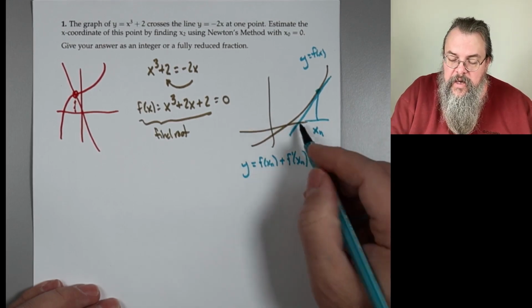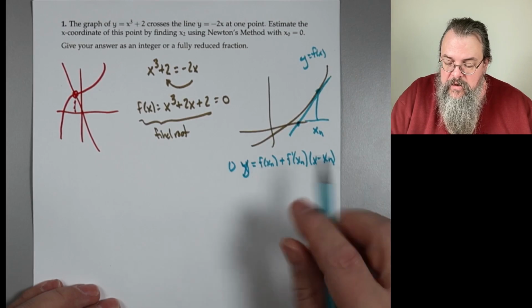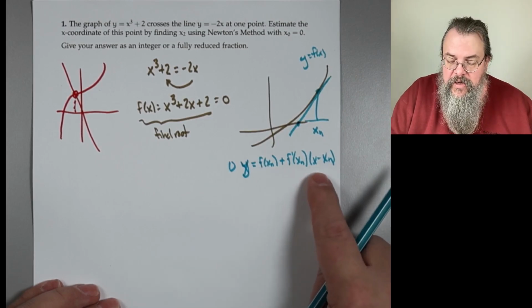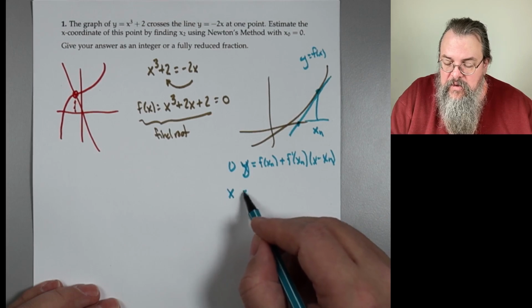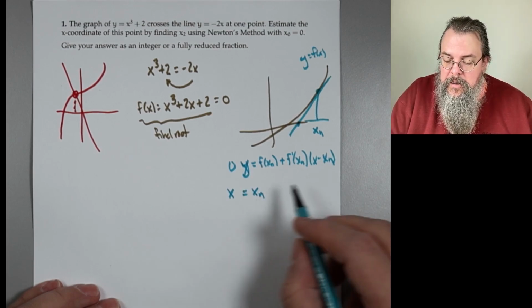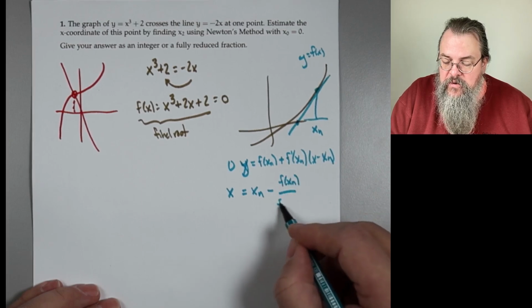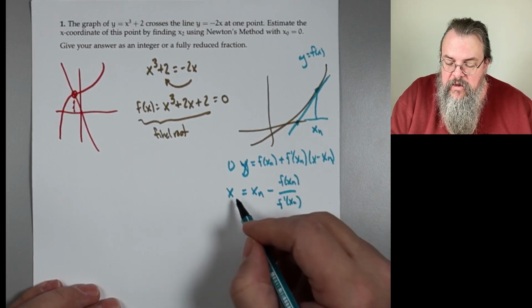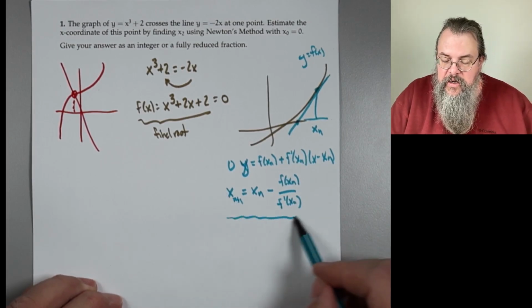Now, your next guess is where y equals 0, and solve for x. That's your next guess. And so, in particular, you get that x is equal to your current guess, minus the function at your current guess over the derivative at your current guess. And so that makes your next guess. All right, so that's the generic formula.